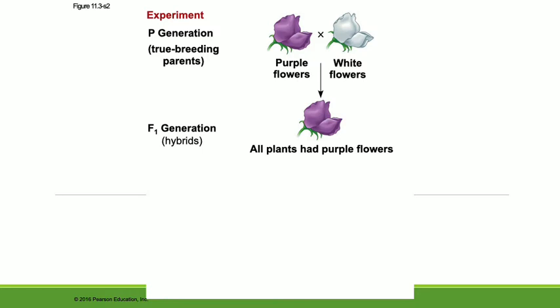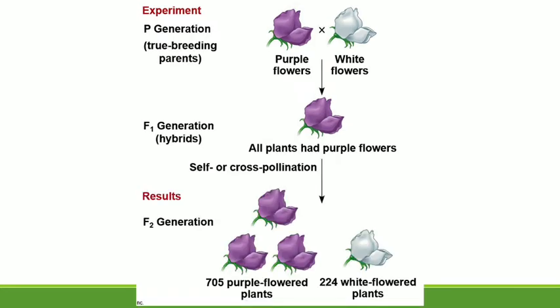And they grew into mature plants, which started to flower. What he saw in the result, which he called the F2 generation, is that there were now mostly purple flowered plants, but also some white flowered plants.